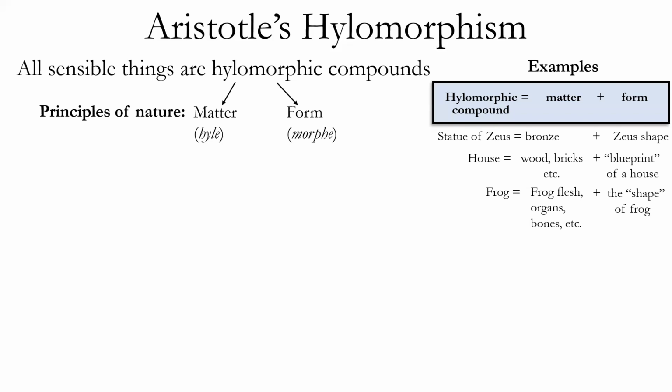That's the material element aspect of a frog. Well, what on earth is the form of a frog? Well, using these previous examples, we might say something like the plan of a frog or the shape of a frog, the blueprint, but for a frog. It's the form of a frog.